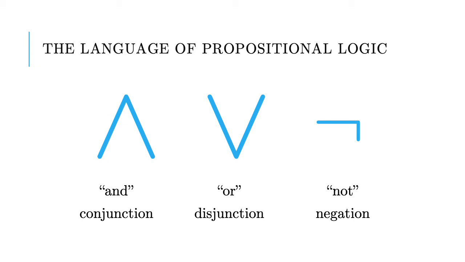Again, in the language of propositional logic, our symbolic notation for and, which we also call conjunction, will be this hat shape. And for or, which we also call disjunction, will be this wedge shape. And for not, which we also call negation, will be this bar shape.